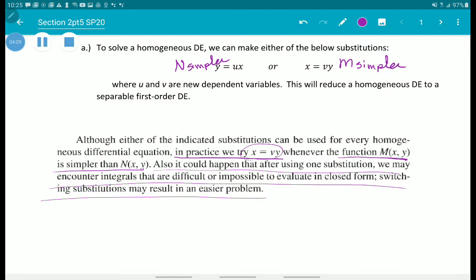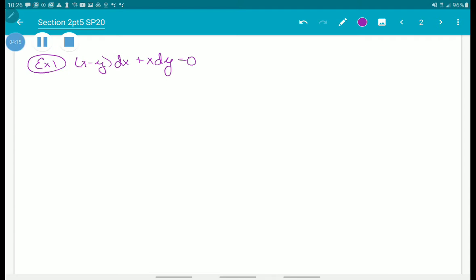So let's look at a few problems here. If we look at this problem, there's our function m, and there's our function n. So m of xy is equal to x minus y, and n of xy is just the function x. So to make sure this is homogeneous, we're going to substitute in tx and ty. So we're going to have tx minus ty.